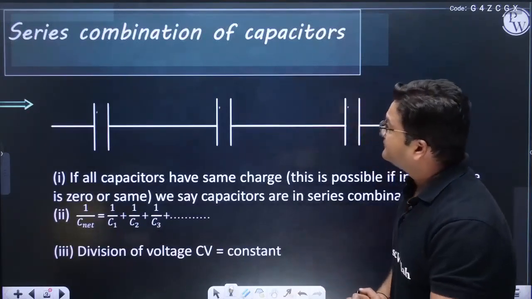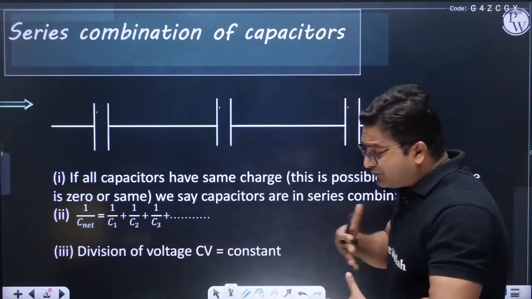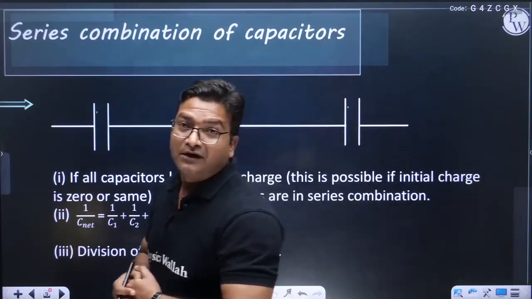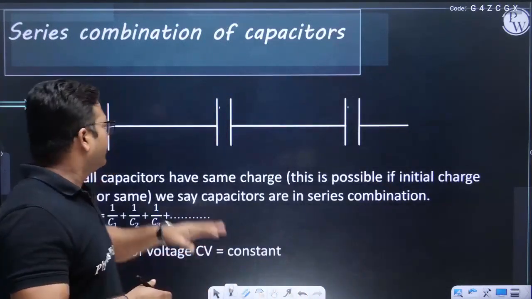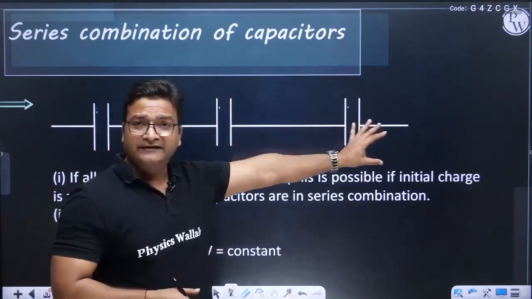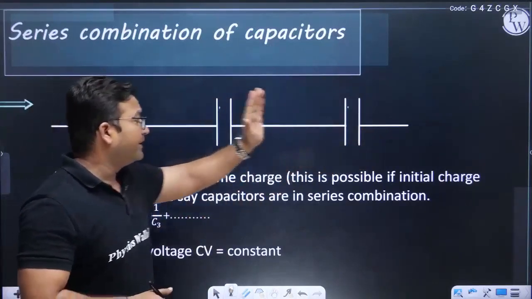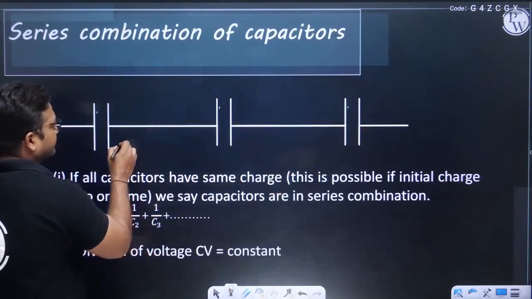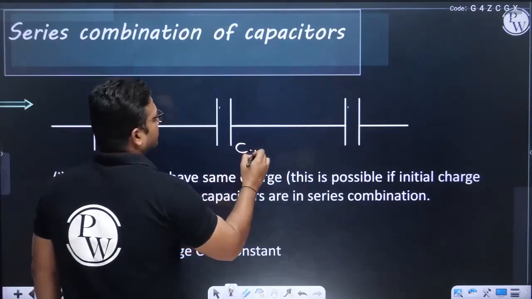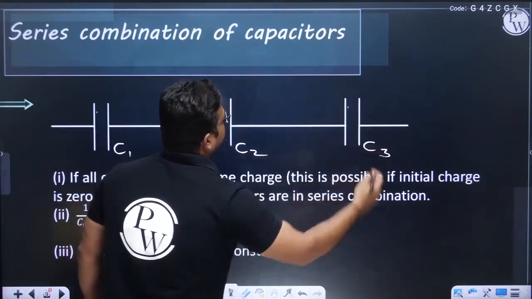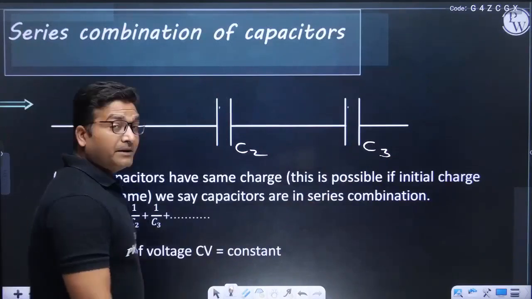We have theory now. So we have to learn the series combination of capacitors. If a few capacitors are arranged in series, that is, they are connected side by side, let us say these capacitances are C1, C2, C3. But remember one point.